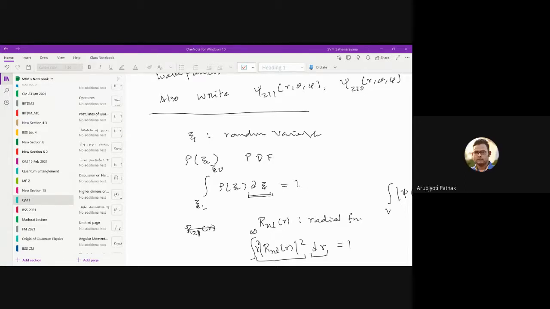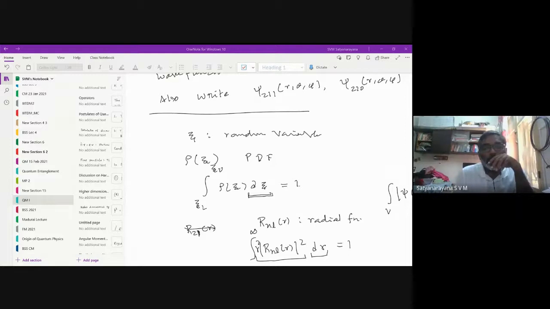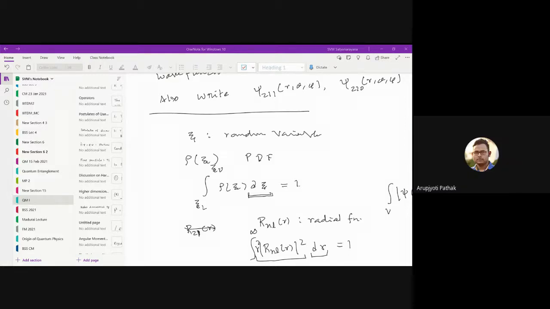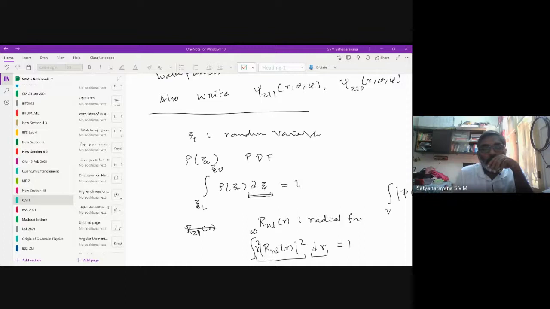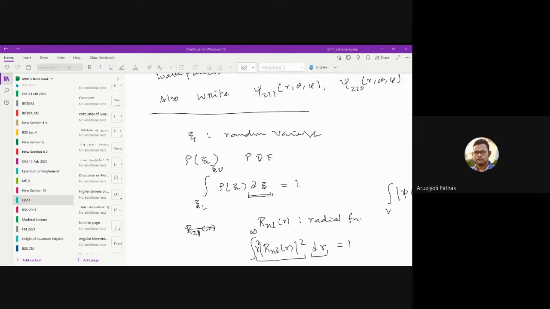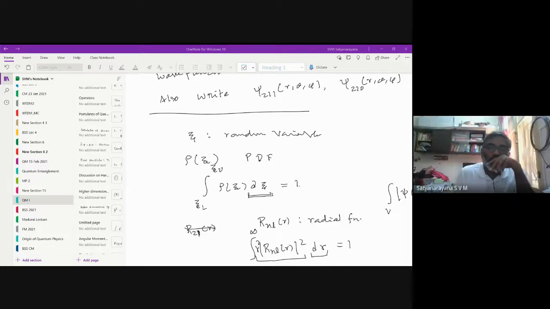Sir, probability doesn't depend on theta and phi, right? Here I am asking what is the probability in R. But you can also ask what is the probability in theta and what is the probability in phi.